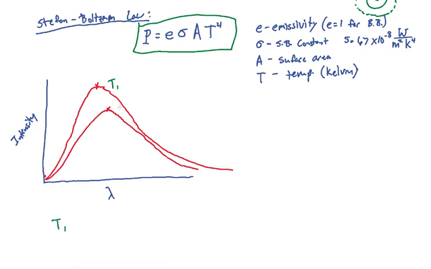This would be the peak for temperature 2, T2. T2 is less than T1, so T1 is greater than T2, and so on and so forth. If we did another one here, it would come up and it would shift over.